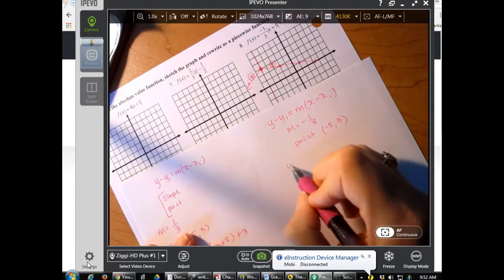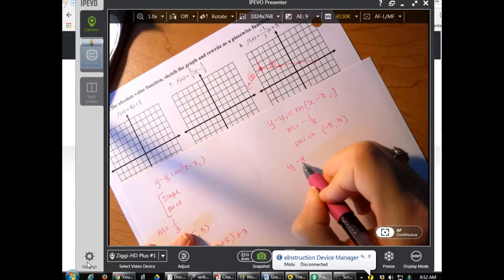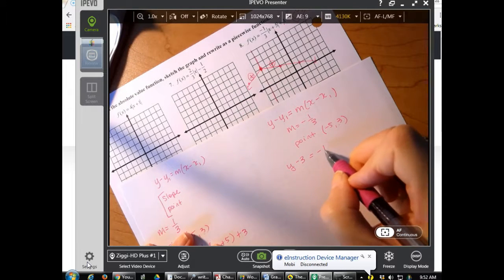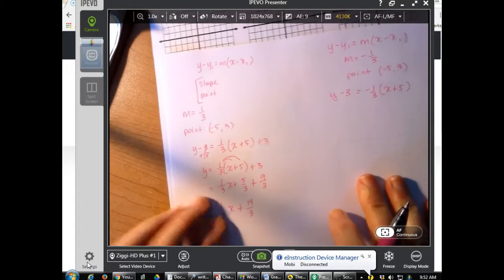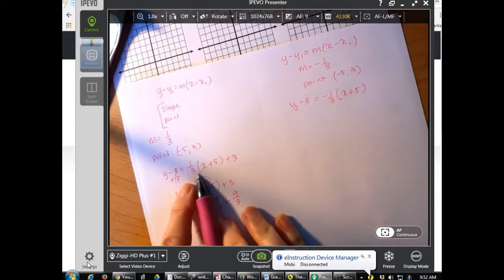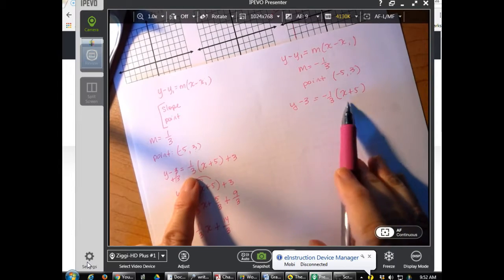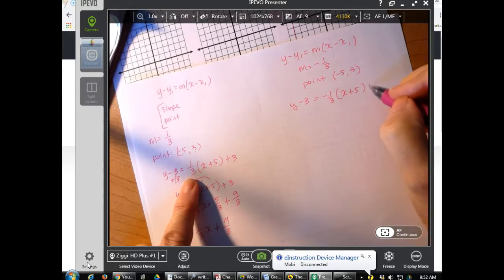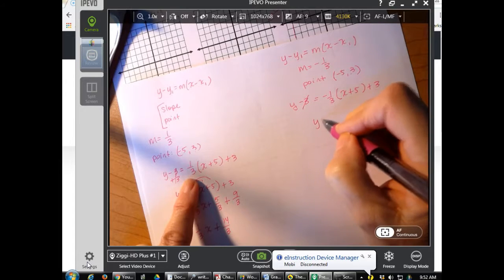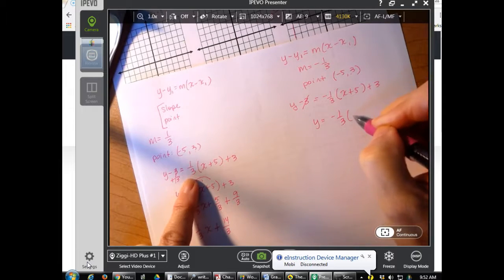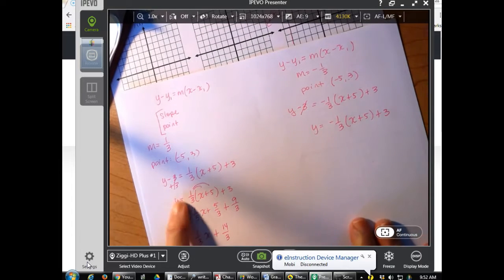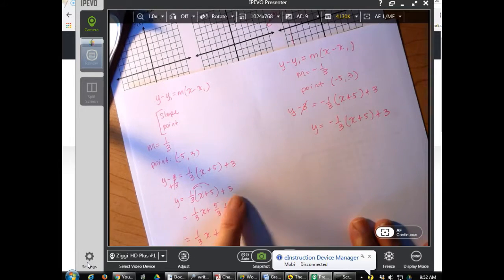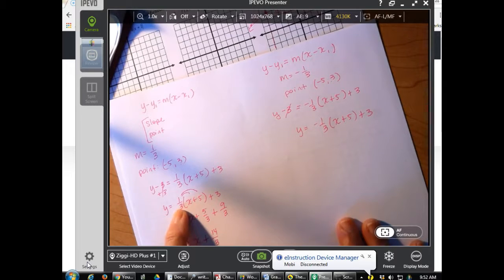So it's going to be y minus 3 is equal to negative 1/3, and then I have x plus 5. Now, if you want to draw some comparisons here, at this point it looks exactly the same. I can even add the 3 over, and I get y is equal to negative 1/3 x plus 5 plus 3. So that's exactly what I had right here, except for the slope.